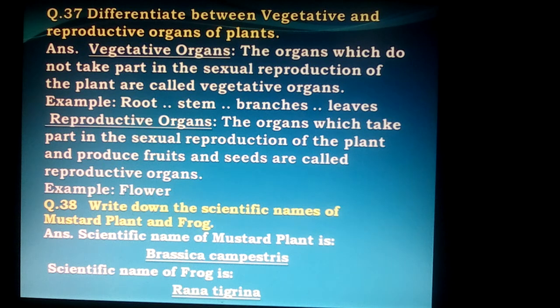Then I told you to write the scientific names of mustard plant and frog. Whenever we write scientific or biological names, it starts with a capital letter, then there is no capital letter, and either it is underlined when handwritten or italic. The scientific name of mustard plant is Brassica campestris, and of frog is Rana tigrina.